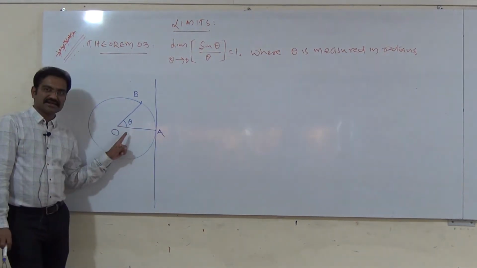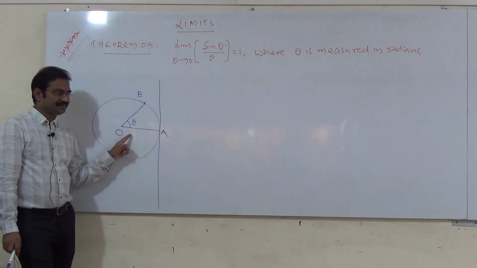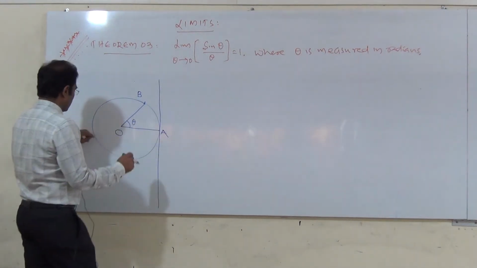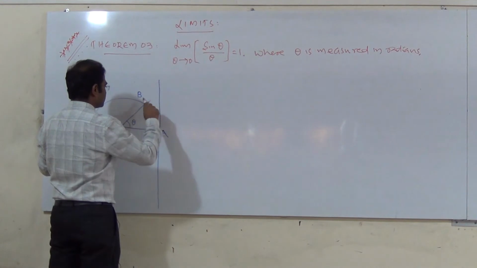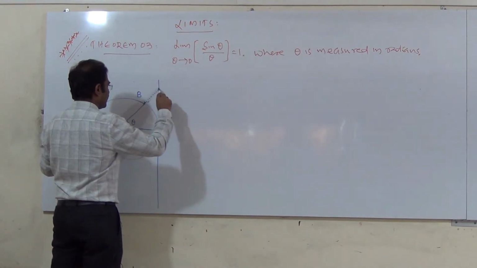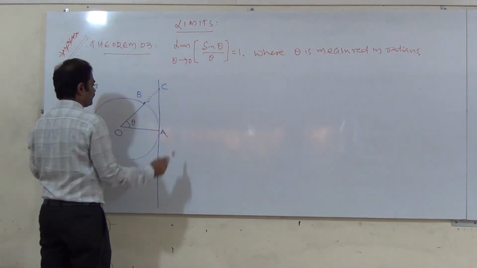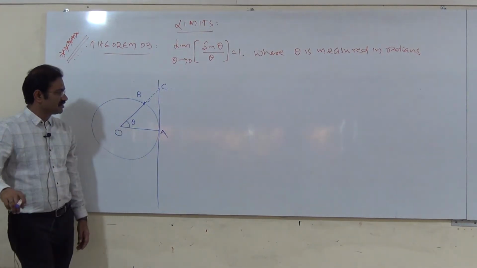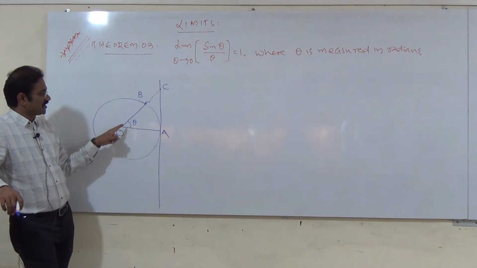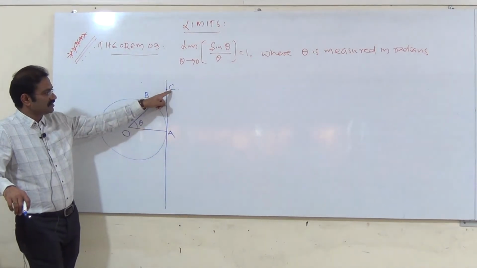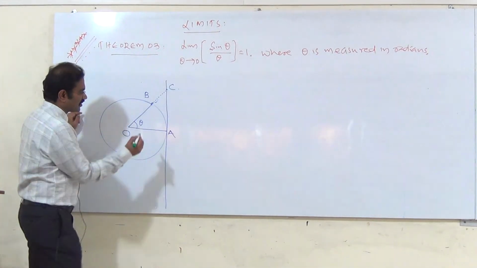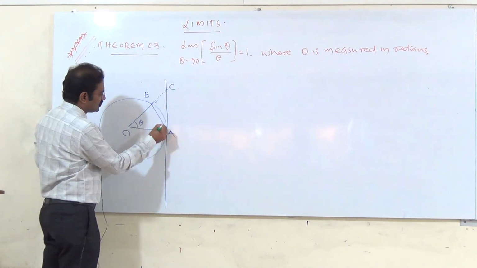Now an angle is generated at the center. Now I extend this OB, and it cuts the tangent at C. So if you extend OB, it cuts the tangent at C, and join this one too.